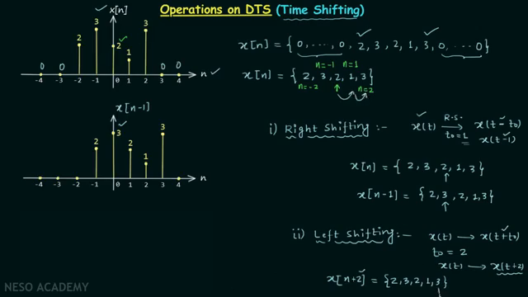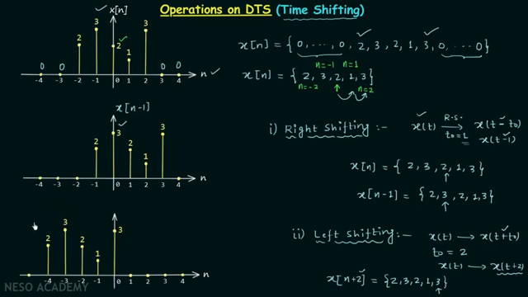So we will have the arrow placed below 3, and the waveform will look like this. This whole waveform is shifted towards the left by 2 integer places, and therefore 3 is now located at n equal to 0. This is the waveform of x[n plus 2].